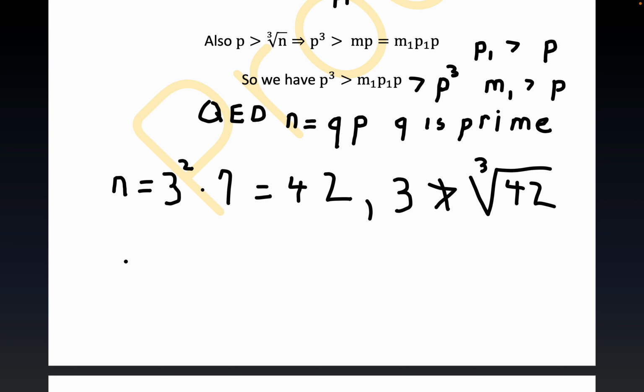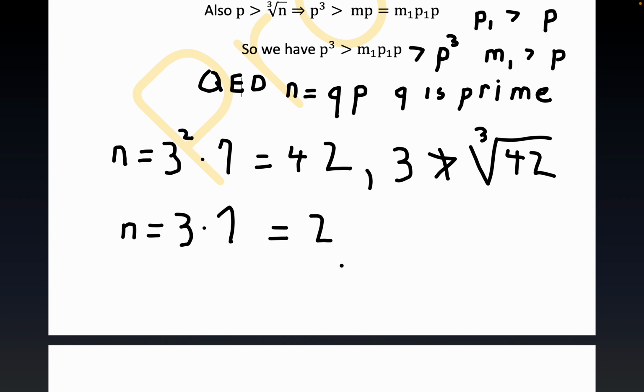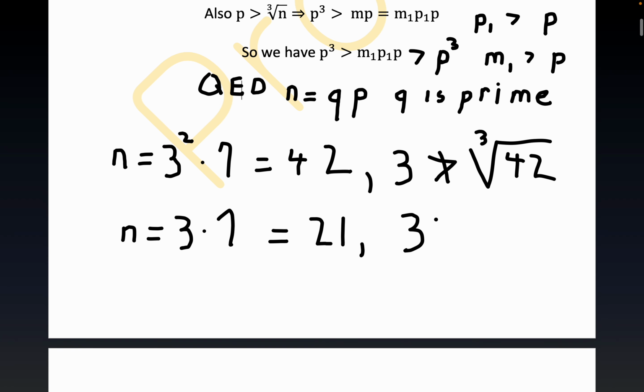Now let's take a look at a case that fits the criterion. Now, right here, that's equal to 21. And notice that 3 is greater than the cubed root of 21.